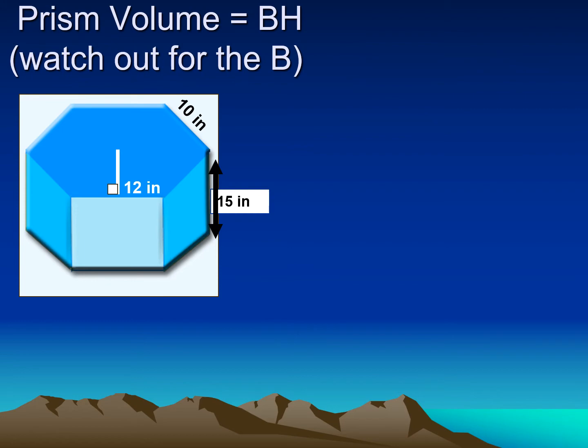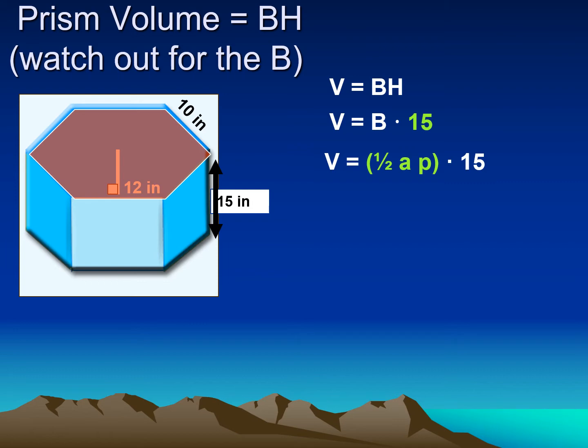Alright, so let's try with a hexagon base. So your formula is the big B times height, and our base is a hexagon, but we still start by getting the height out of the way. 15 is the height. Now, the big B is a hexagon. The formula is regular polygon formula, AP over 2 or 1/2 AP.